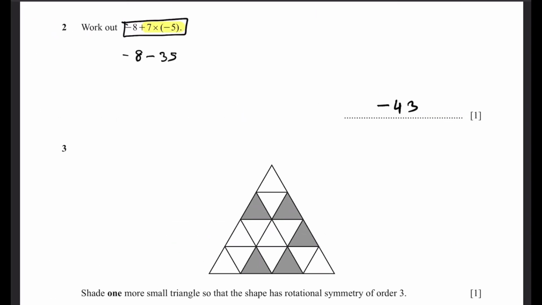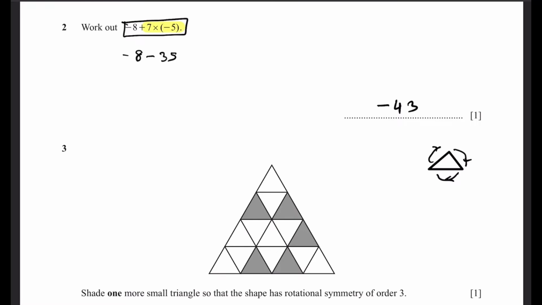Rotational symmetry: if you rotate a shape through 360 degrees, the number of ways it matches the original shape is called the order of rotational symmetry.